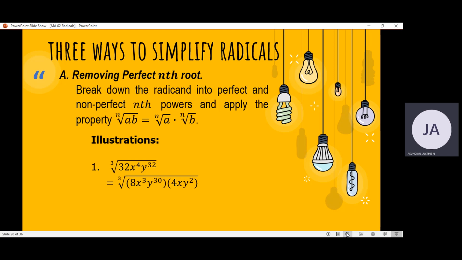So we divide it so we can identify the perfect roots to extract. The cube root of 8 is 2, the cube root of x cubed is x, and the cube root of y raised to 30 is y raised to 10. Simplifying that, we obtain 2x y raised to 10 times the cube root of 4xy squared.